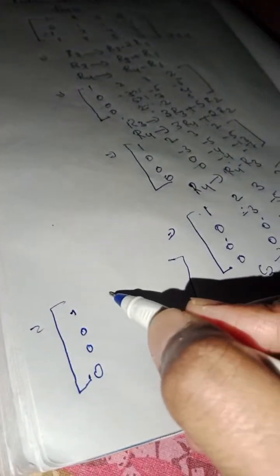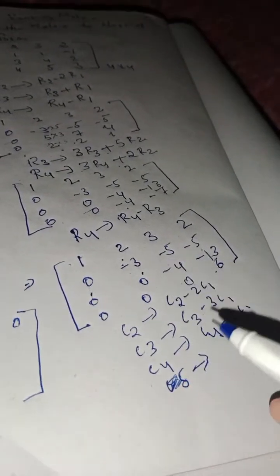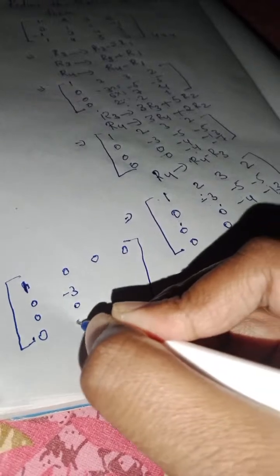so first column should be written as it is 1 0 0 0, and again 2 minus 2 is 0. So we are going to get all this as zeros. So when we clearly observe minus 3, right? Minus 3 minus 0, that is minus 3. So next, 0 minus 0 0, 0 minus 0 0. So 0 and 0. Next, so 3 minus, we have already written 0, right?